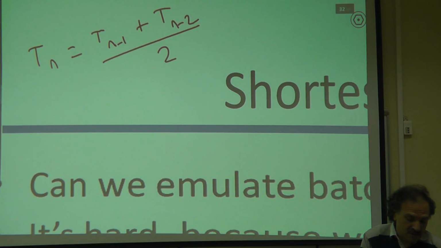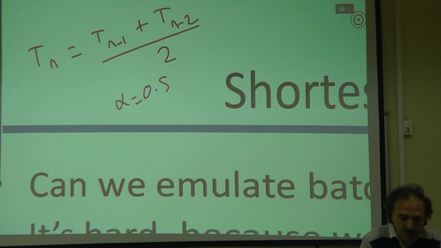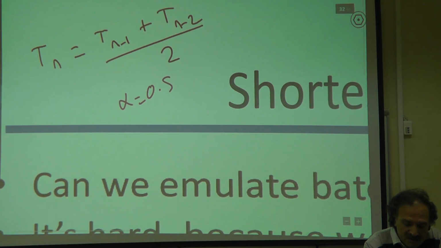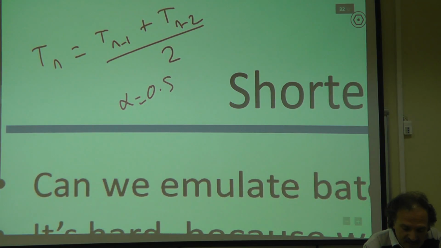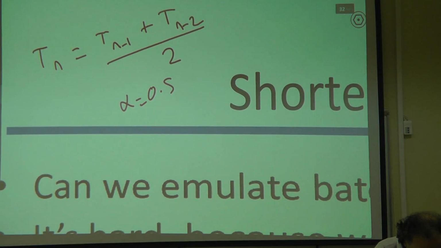That's if alpha is 0.5, and that's the good part of the formula. All you need is your previous run and your previous estimate. One is an actual measurement, and the other is the estimate.